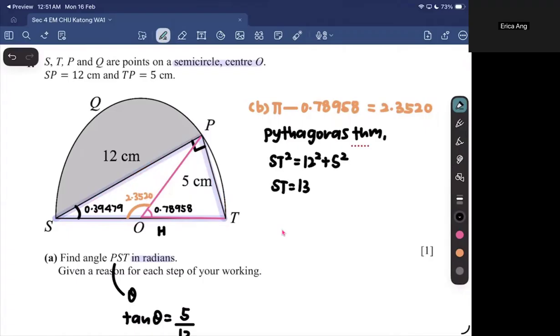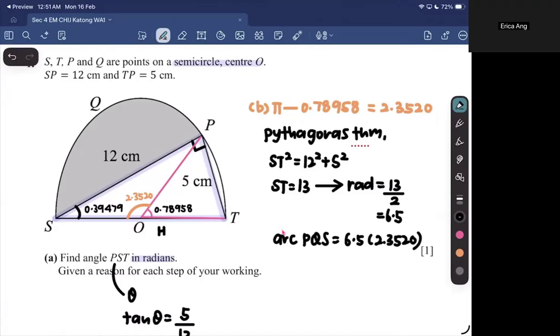That's the diameter, so my radius is 13 divided by 2, which is 6.5. Then you just need your arc length. Arc PQS, formula is r theta. Then you press calculator. You can give 3SF, so 15.3 centimeter.